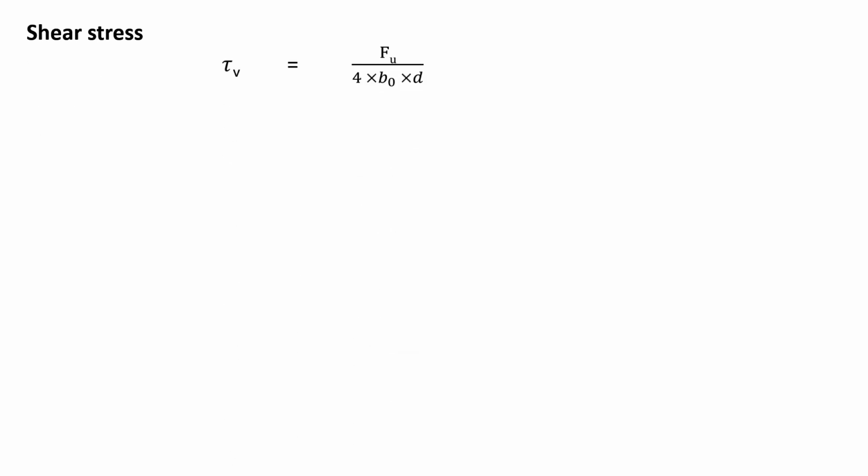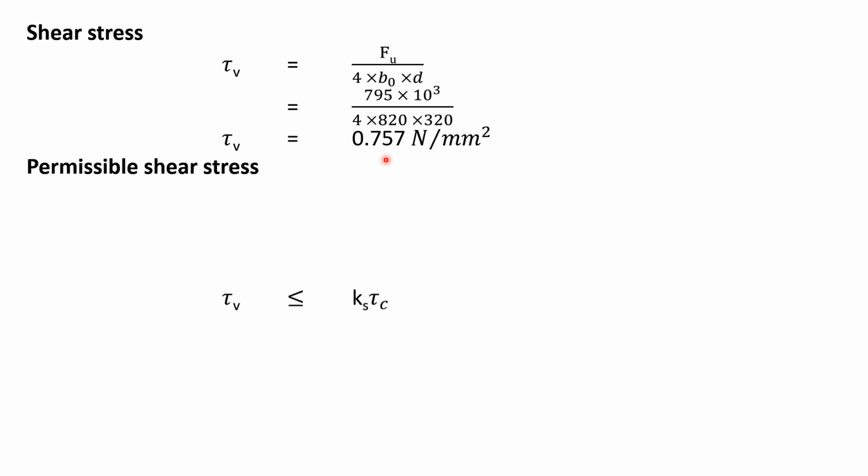And then check the shear stress. The shear stress formula is tau is equal to Fu by 4 into b naught into d. The value Fu is equal to 795 into 10 power 3 by 4 into b naught value 820 into 320. The value is 0.75 Newton per mm square. And then the permissible shear stress is Ks into tau c.